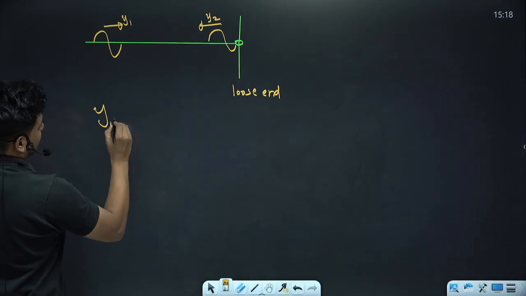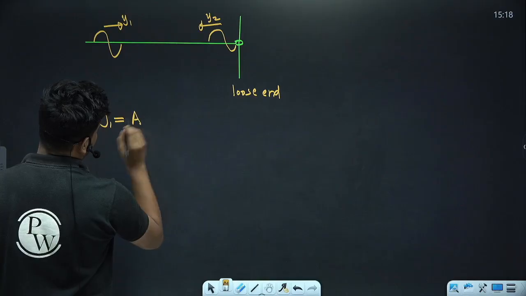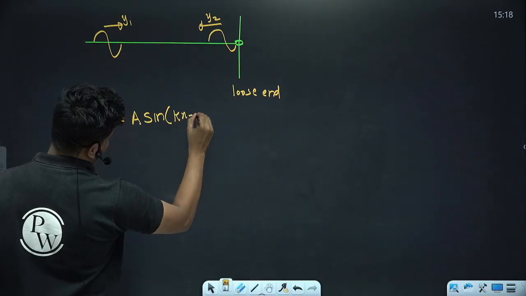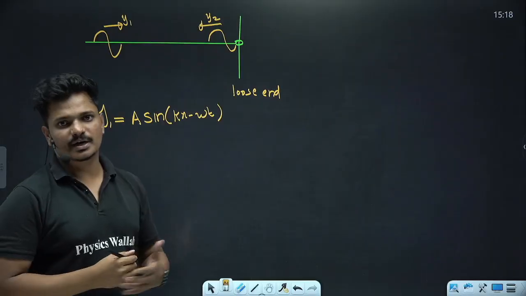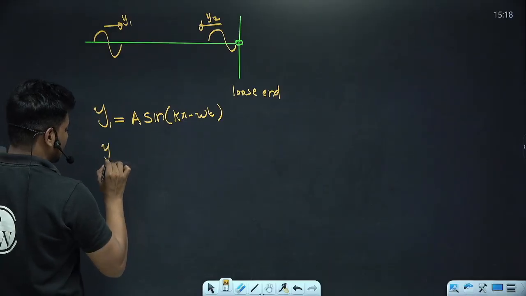So what is y1? Just write y1 equals a sin(kx − ωt). If y1 is a sin(kx − ωt), what is the reflected wave y2?